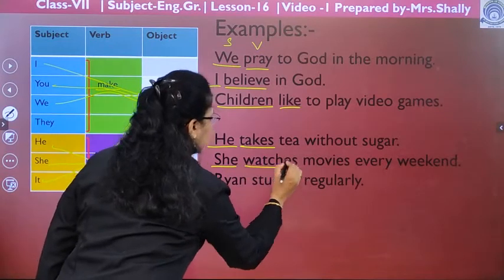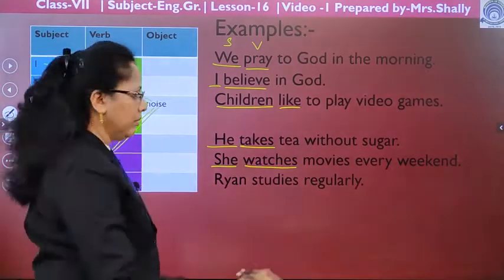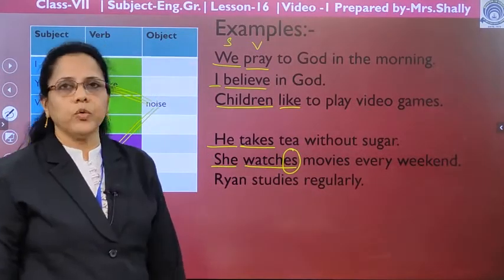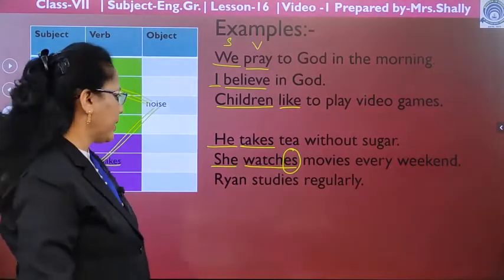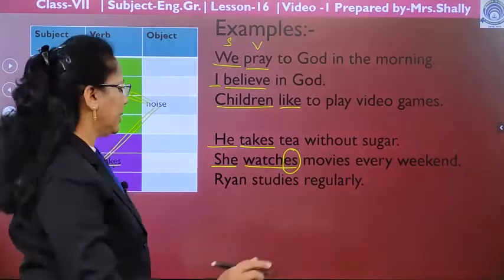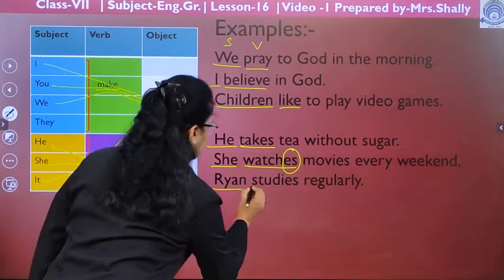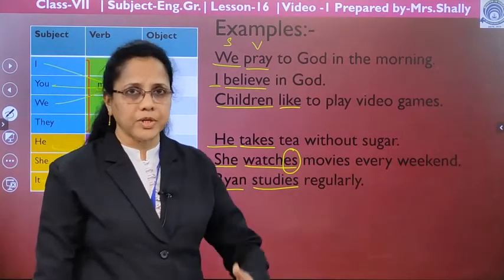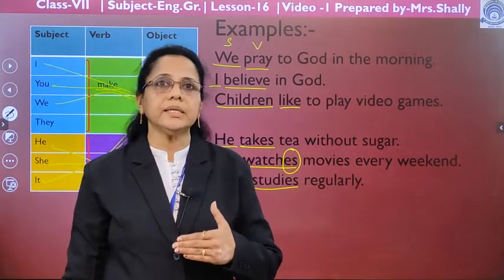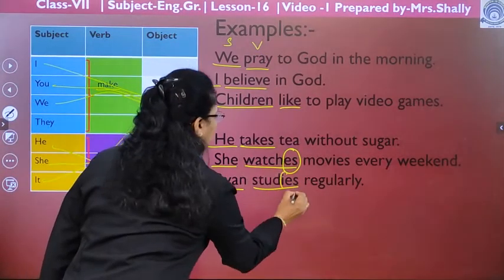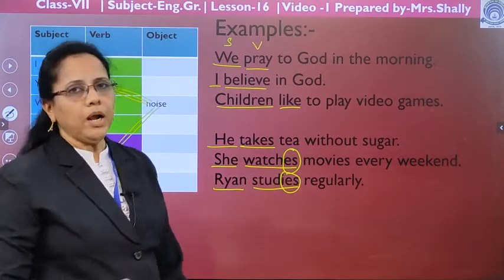Here, watches, with the base form, es is added. Third one, Ram studies regularly. Here the subject is Ram, verb studies. With the base form of the verb, after removing y, ies is added. So, this is in simple present tense.